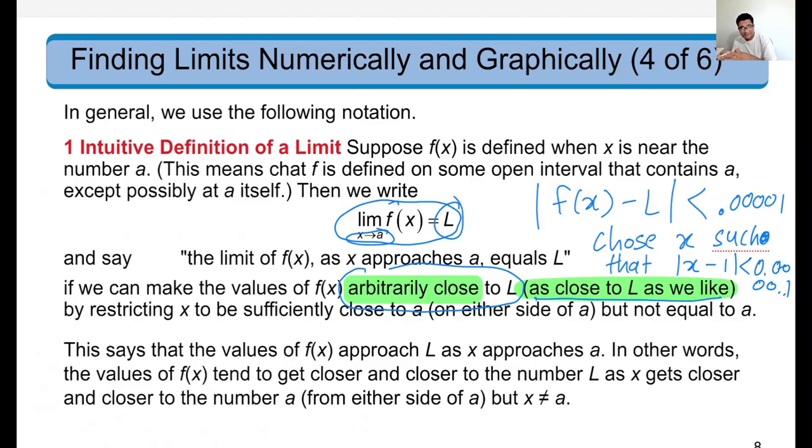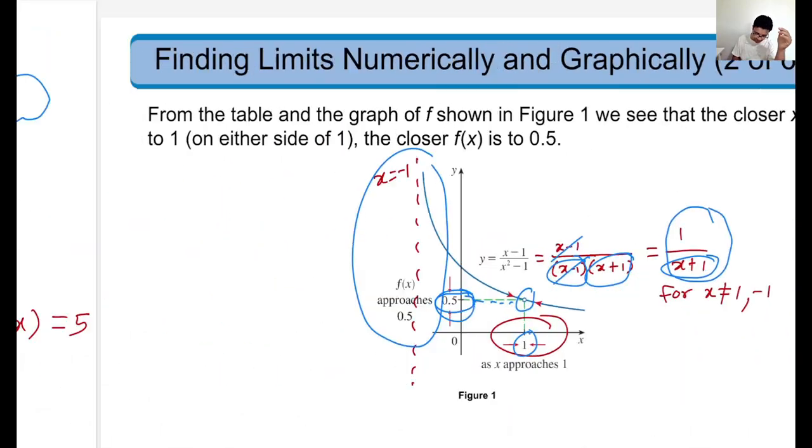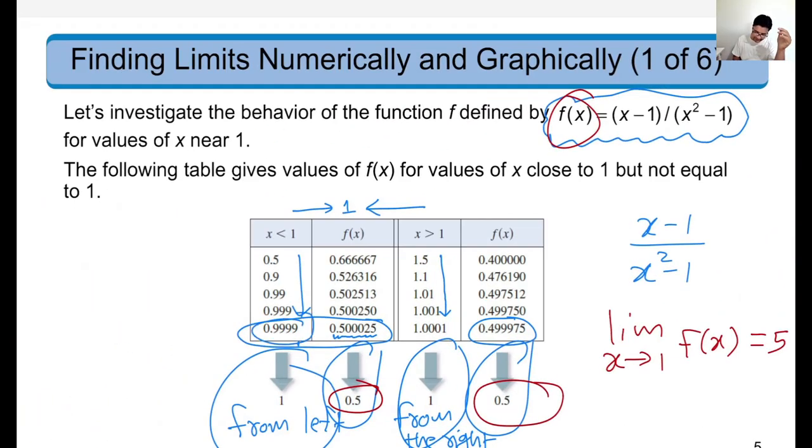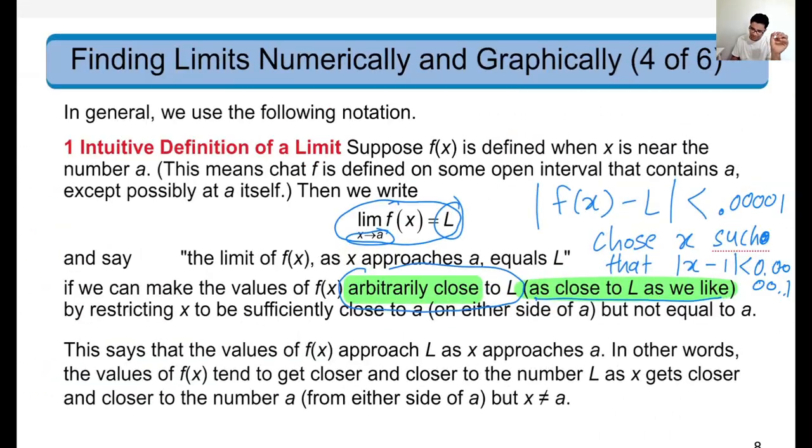So you make the difference between x and the point at which you are calculating the limit very, very small. Like in the table, we are taking values 0.9999, 0.99999, right? You can keep getting closer and closer to 1. And when you do that, at some point you are so close to 1 that the difference between the value of the function and the limit is less than whatever you want.